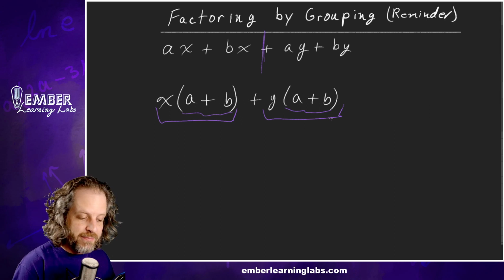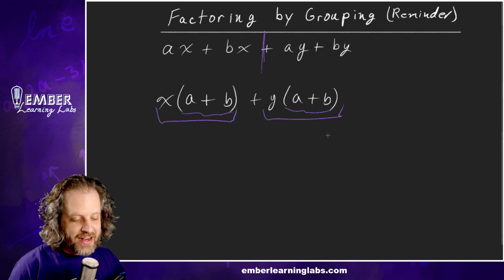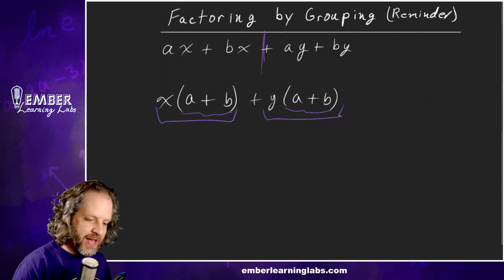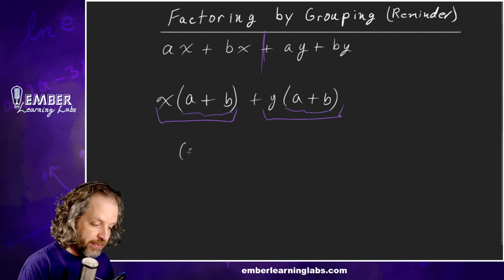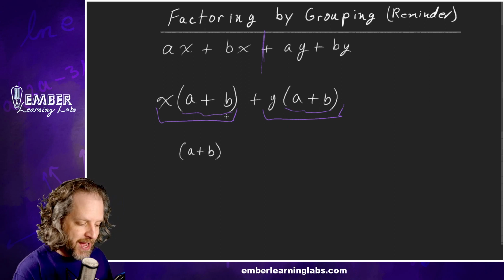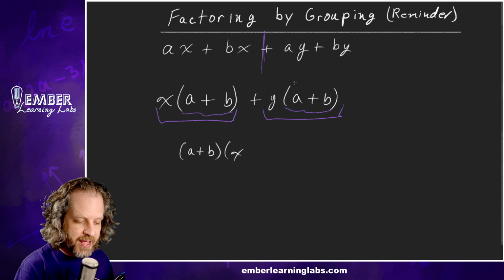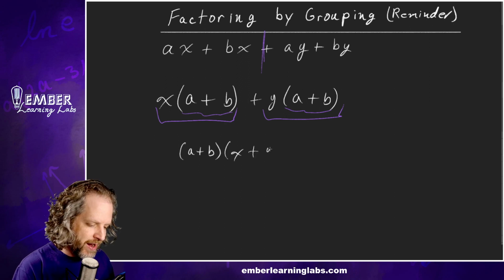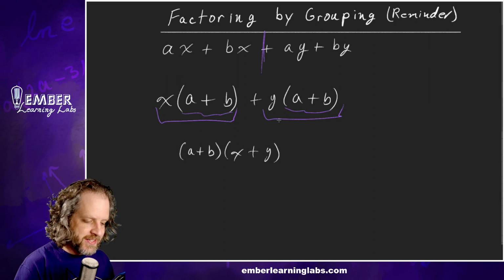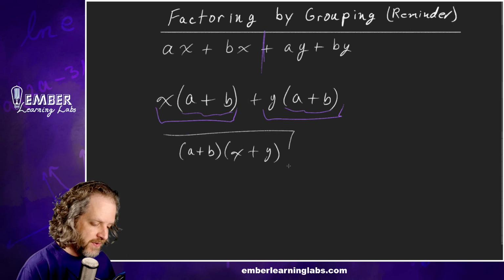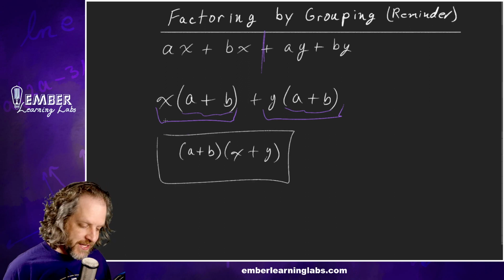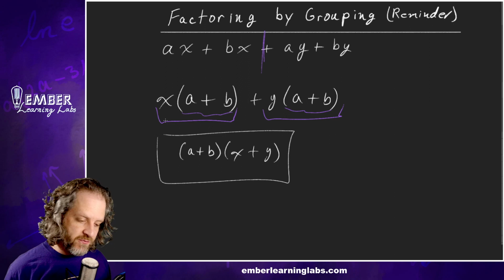They both have a plus b in common. So we're going to factor out an a plus b, right? So we pull an a plus b out to the front. And then we pull an a plus b out of this one, we're left with x. When we pull an a plus b out of that one, we're left with a y. So that's how this kind of example would factor. So that's factoring by grouping. We've hopefully done that before.